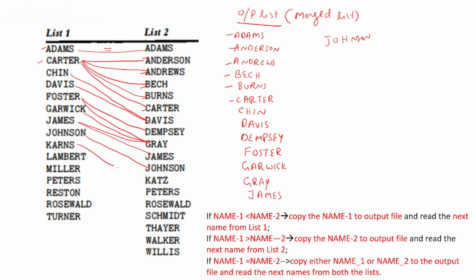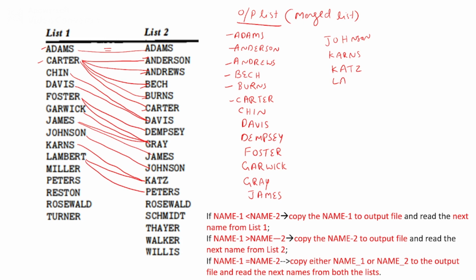Then you have these two where I am going to write Cons. Then I will compare Lambert and Cards. So I need to write Cards. Then I will compare Lambert and Peters.